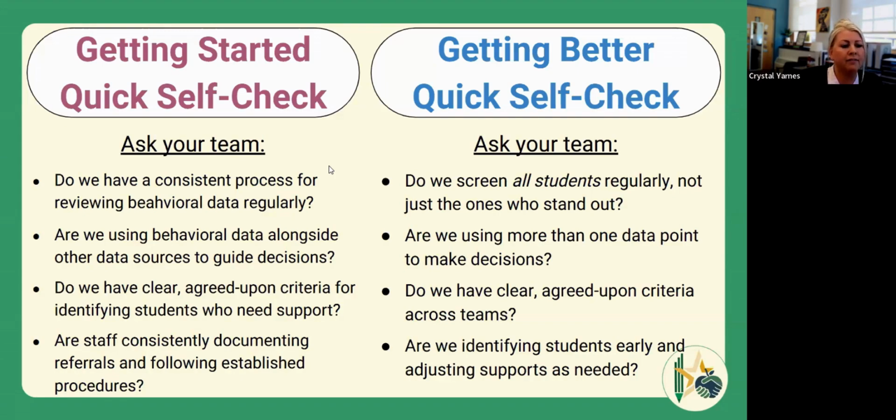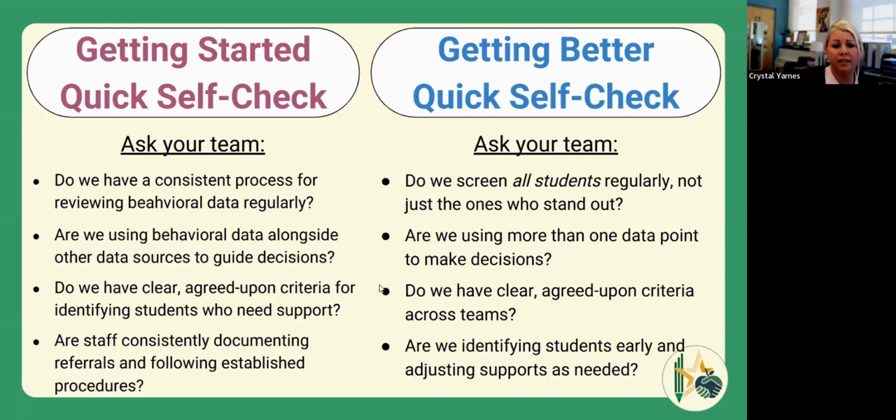Are you using behavior data alongside other data sources to guide decisions? Do you have a clear, agreed upon criteria for identifying students who need support? And are staff consistently documenting referrals and following established procedures? So really, if you're just getting started, use this quick self-check list to help you ask yourself these questions and guide your decisions.